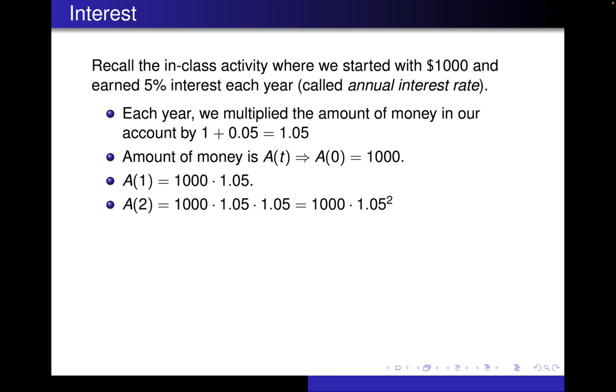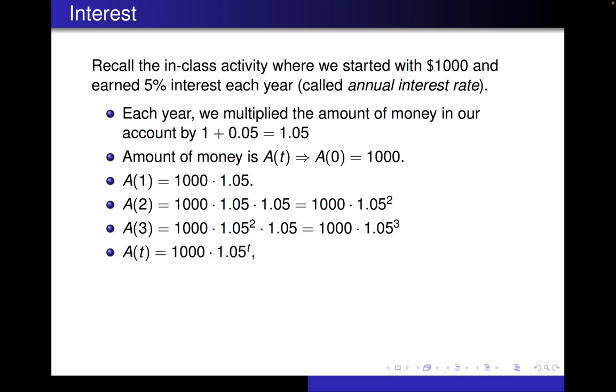That gives us 1,000 times 1.05 squared. If we want to get from 2 years to 3 years, we take that 1,000 times 1.05 squared and multiply it by 1.05. And then we end up with 1,000 times 1.05 to the third. In general, if you can see the pattern developing, we're going to end up with A of t equals 1,000 times 1.05 to the t.